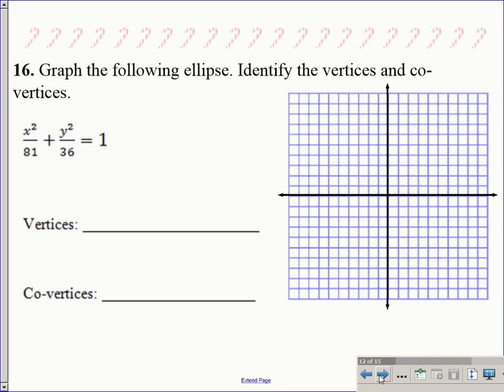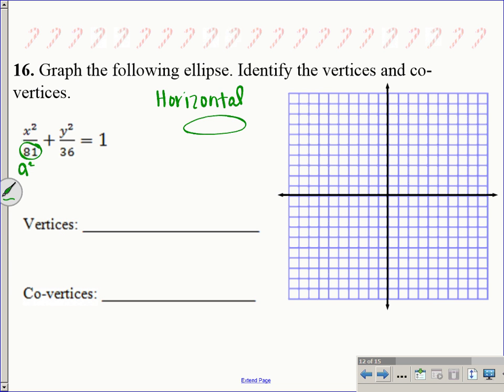Number 16 says graph the following ellipse. Identify the vertices and co-vertices. So the first thing you want to do is identify, is this a horizontal or a vertical ellipse? And remember, you look to see where the larger number is located. Since our larger number, a squared, is located under the x value, that makes this horizontal. So I'm going to jot that down so I can compare my final answer with what it should be.